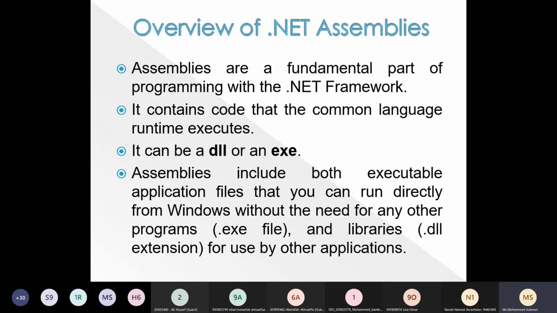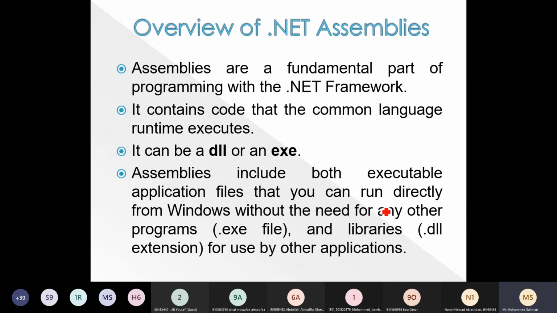Fine. Overview of .NET assemblies. Assemblies are a fundamental part of programming with the .NET framework. They contain code that the common language runtime executes. It can be like a dynamic link library, or it can be an executable file, an exe file.